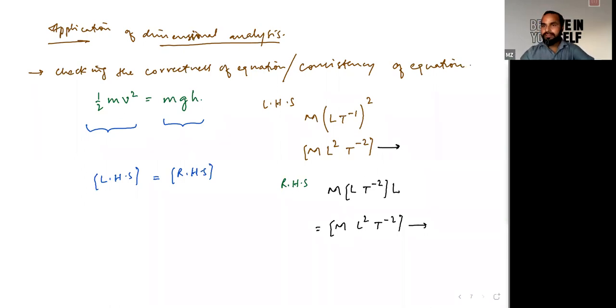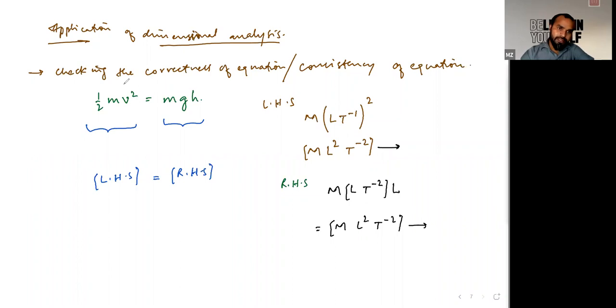If an equation is dimensionally correct, then the equation may or may not be correct. But if an equation is dimensionally incorrect, it will always be wrong. Why have I told you that a dimensionally correct equation may or may not be correct?